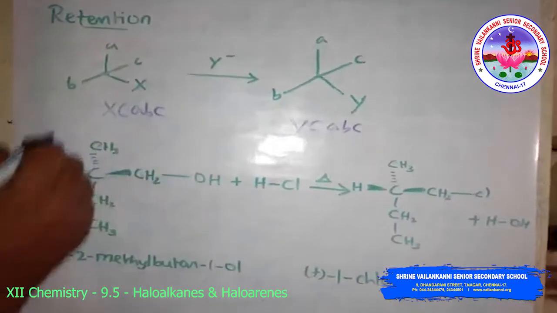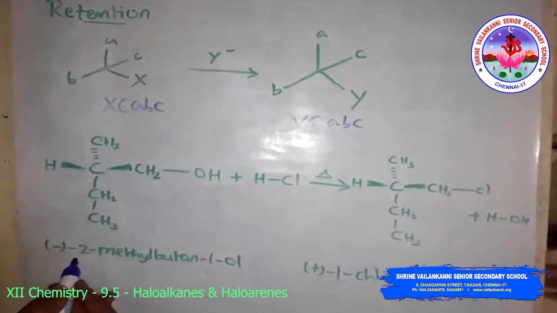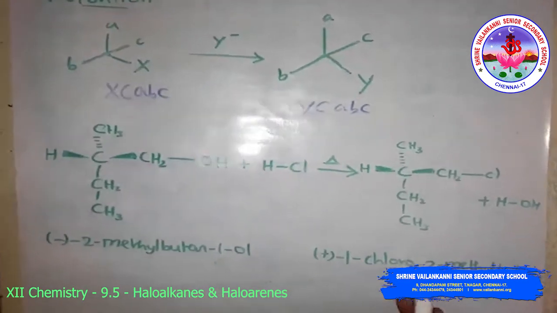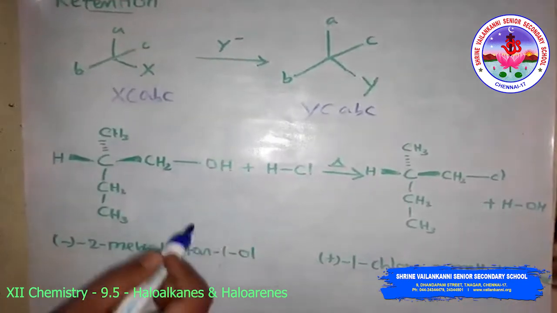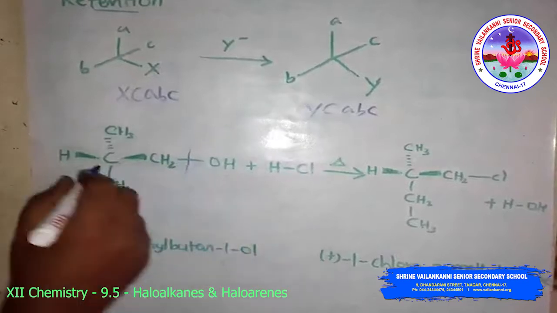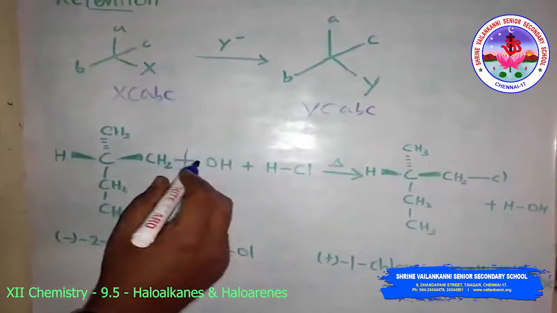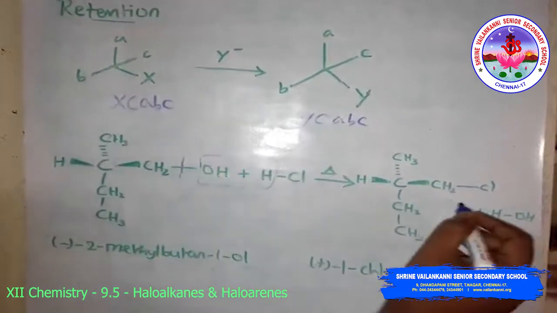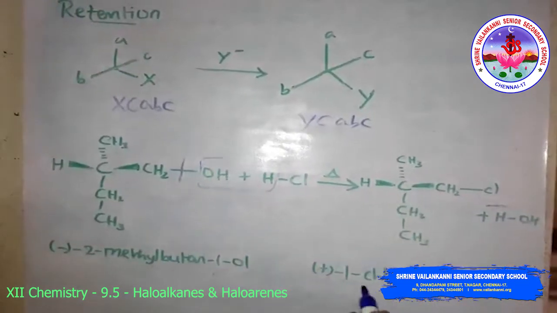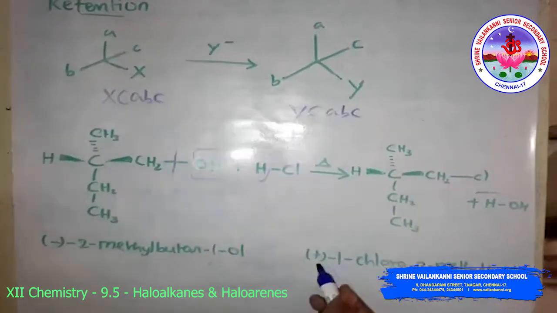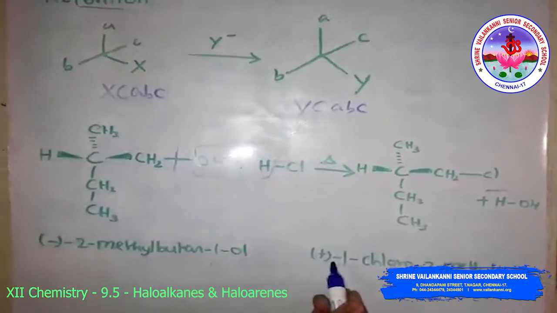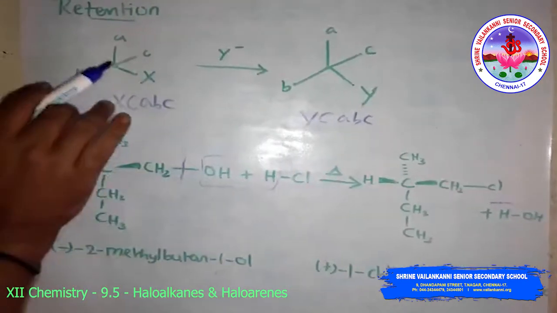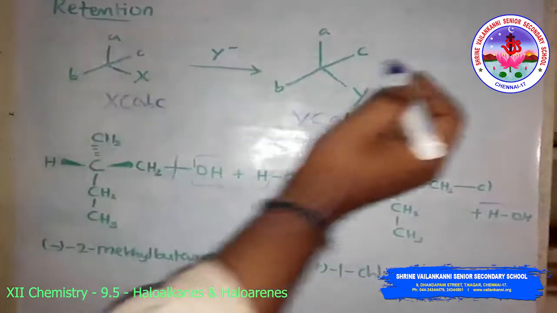Consider as an example, minus 2-methylbutan-1-ol converting to plus 1-chloro-2-methylbutane. See, no bond is broken at this stereo center, just the leaving of the OH group and addition of chlorine. So with the removal of a water molecule you get 1-chloro-2-methylbutane, that is positive. This is levo rotation, this is dextro rotation. So this is retention, the same configuration.